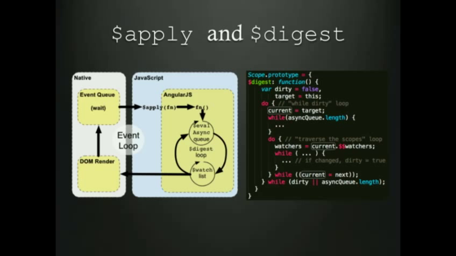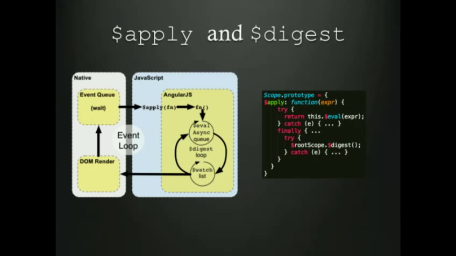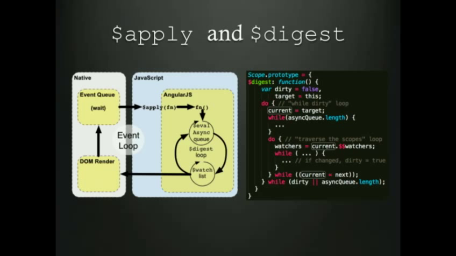Let me go back real quick, and you'll notice something: it's calling digest on the root scope, whereas if you call digest yourself, its target, which is where it's originally going to start, is going to be this, which is going to be whatever scope you called it on. That's where it's going to start the digest.